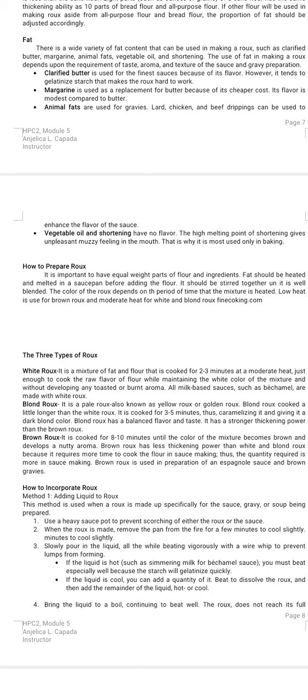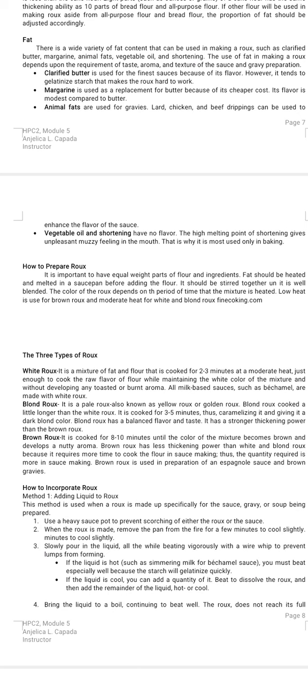These are the uses of fats in making roux. Clarified butter is first used for the finest sauce because of its flavor. Second, margarine is used as a replacement for butter because it is cheaper.